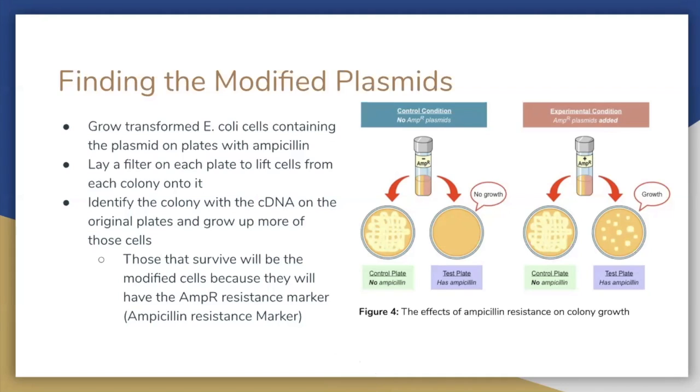In order to identify the colony that has the cDNA, we will be identifying the colonies that survive after growing in the ampicillin, because the ones that we have modified are the ones that have the AMP-R antibiotic resistance marker. And ampicillin is the antibiotic that it has resistance to as a result of having the AMP-R marker. So any surviving colonies will contain the modified gene.